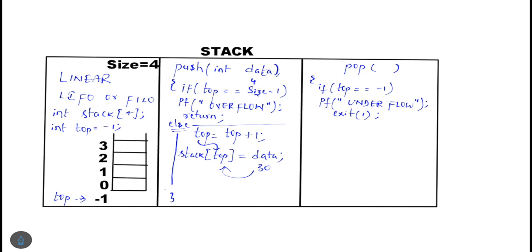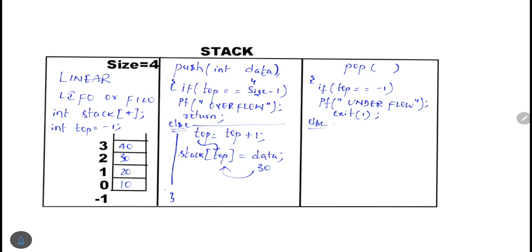If that condition is false, it means that there are certain data elements available inside the stack. Let us assume that 10 is there, 20 is there, 30 is there, and for example 40 is also there. Your stack is completely filled. So then what should we do in the pop function? We have some data elements, so we need to perform the pop operation.